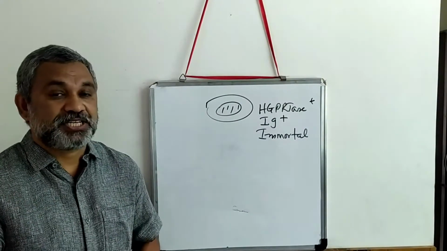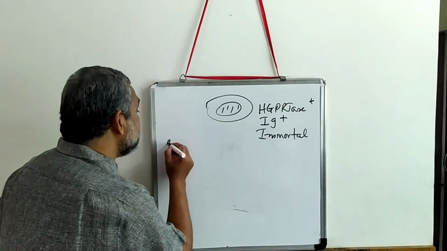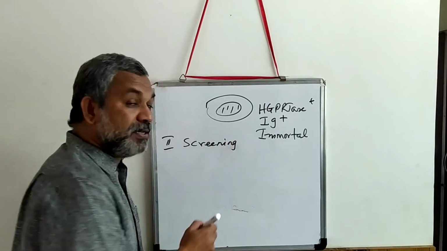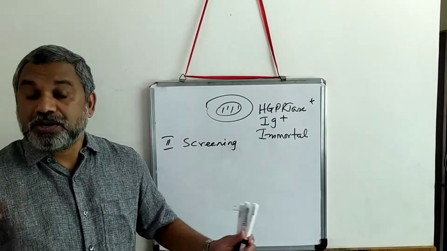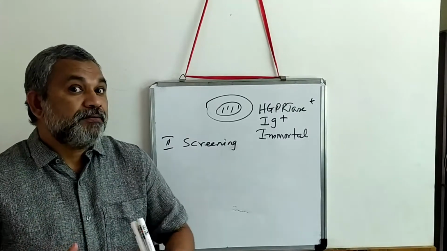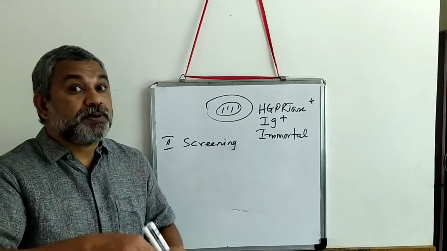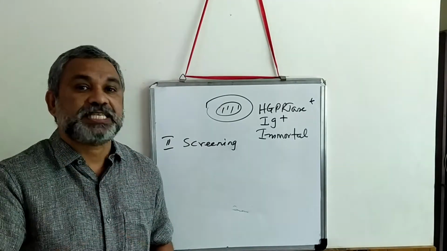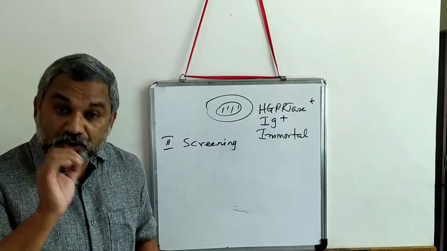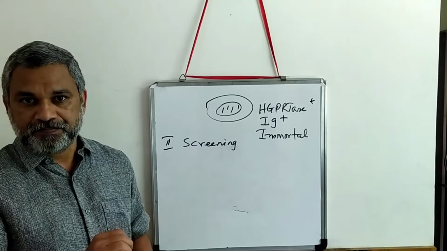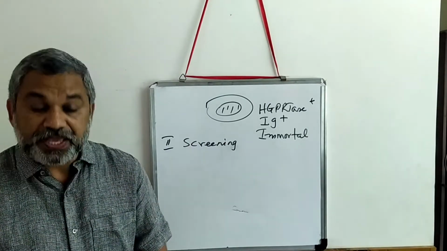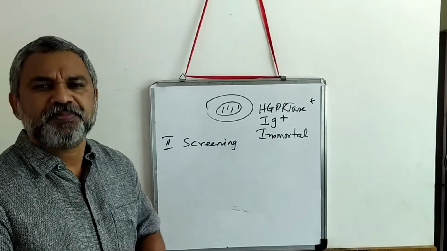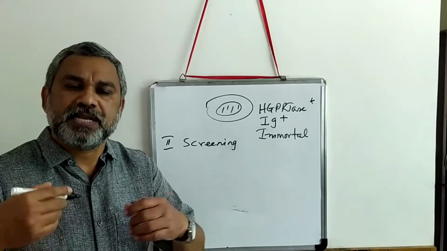Now comes the second stage, which is screening. The cells will be grown on plates and we should be able to screen each clone. Each clone of cells is screened for production of antibodies. Initially, it will produce a very small quantity of antibodies, in nanograms.